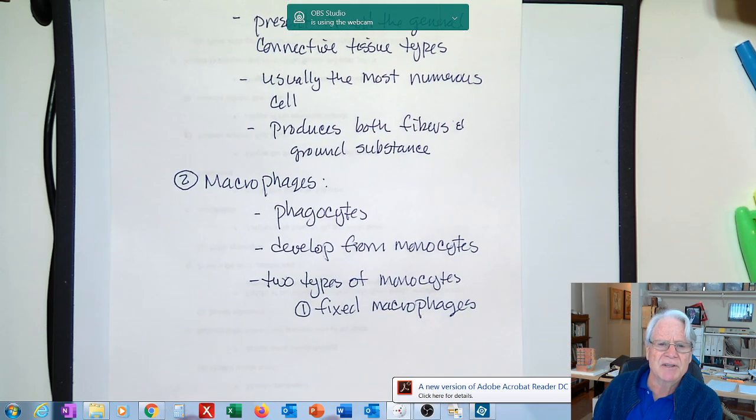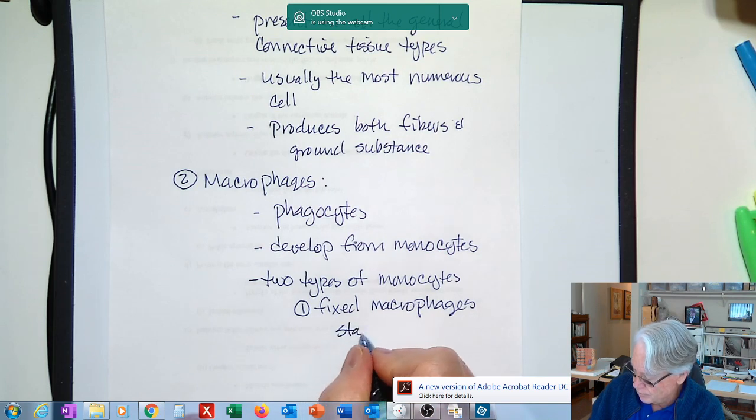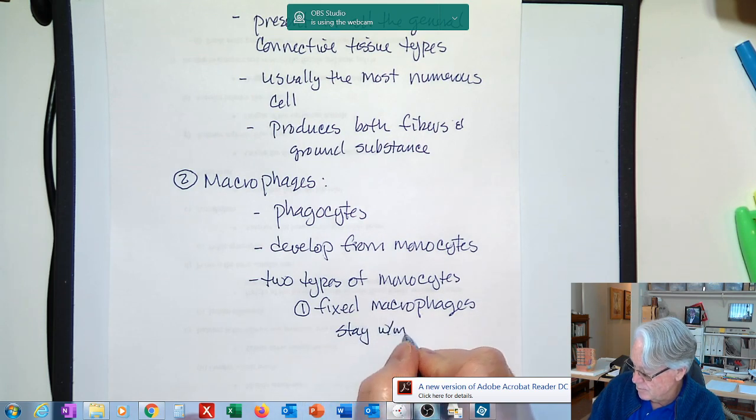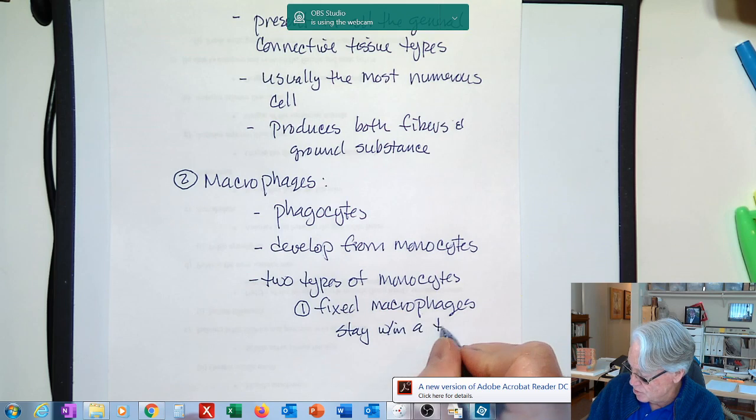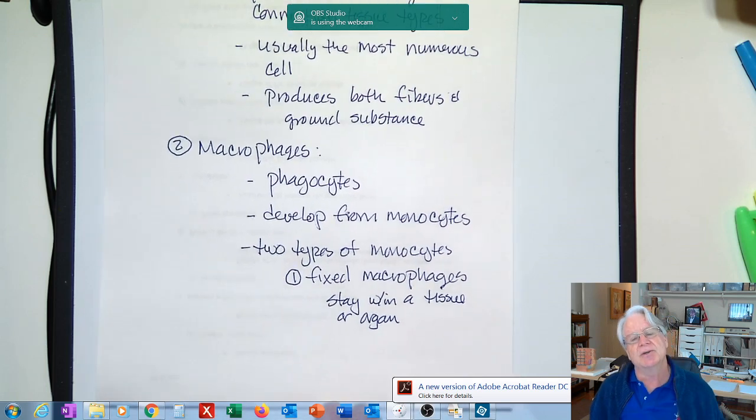Fixed macrophages are going to stay within a tissue or organ. So they leave the blood, they enter into some organ, and they stay there for their entire life.